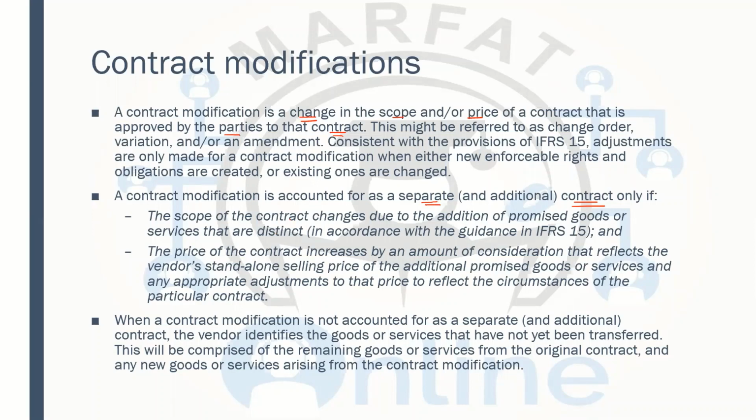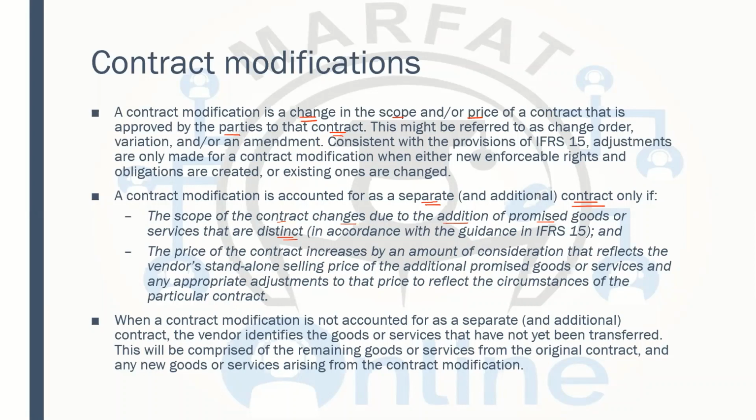A contract modification is accounted for as a separate contract if the scope of the contract changes due to the addition of promised goods or services that are distinct. Now, distinct means they are different from each other. If the products are different from each other, obviously it makes sense that these are different contracts.